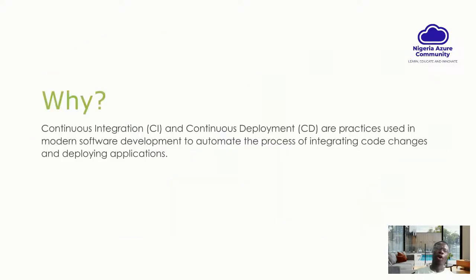So let's understand why and what is GitHub Actions, okay? CI/CD, which stands for continuous integration and continuous deployment, is a practice that is used in modern day development to automate the process of integrating code and making changes.